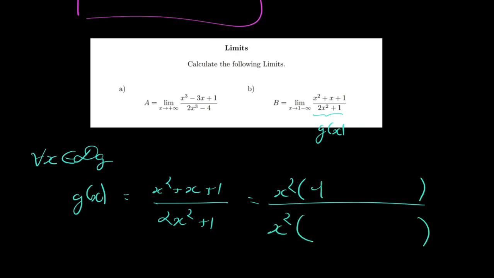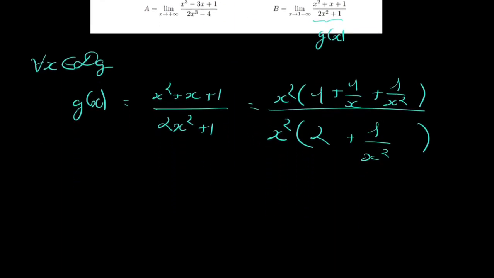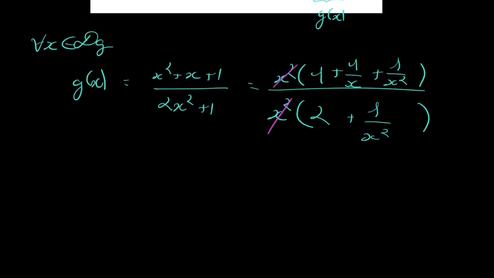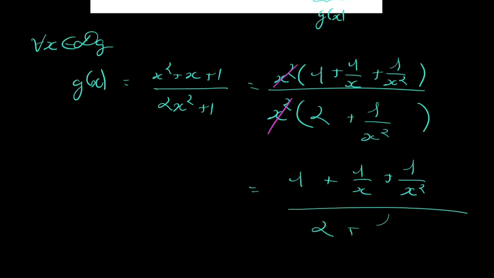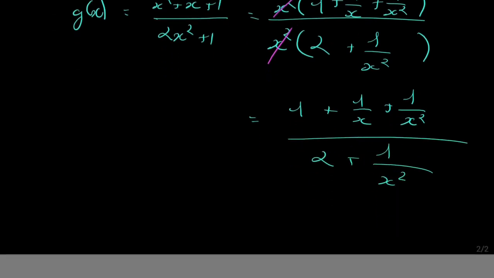Here we have obviously 1 plus x over x squared, which makes 1 over x, plus 1 over x squared. Here we have 2 plus 1 over x squared. We can simplify both x squared together. We have 1 plus 1 over x plus 1 over x squared over 2 plus 1 over x squared.